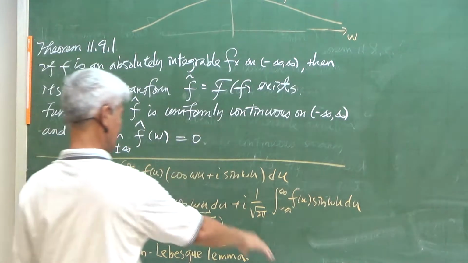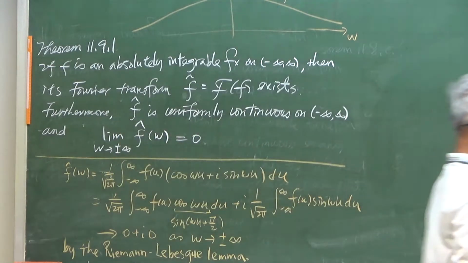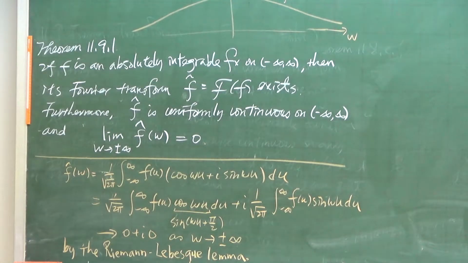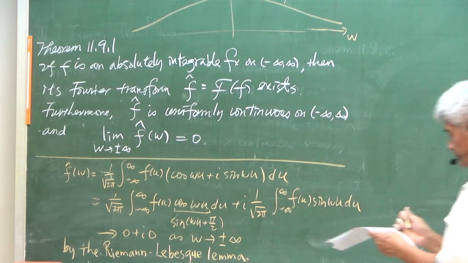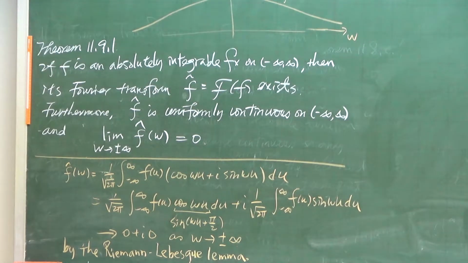This is a property of the Fourier transform. So it's a nice function. And now we are able to reveal this identity here.